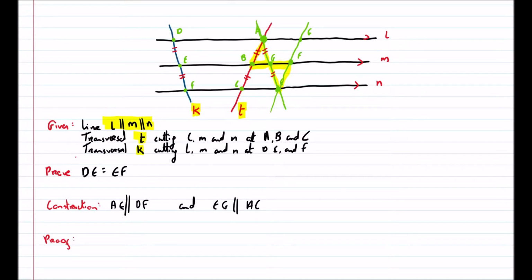I think I said parallel over here, but it shouldn't be. I'll start that again. If I could prove that AG is the same length as GE, then by default I would show that DE is the same length as EF. Why? Because they're parallel lines. So let's see if I can do that.